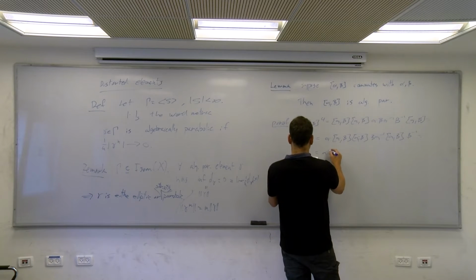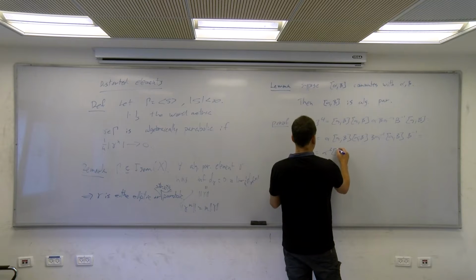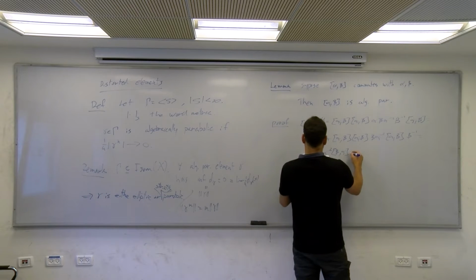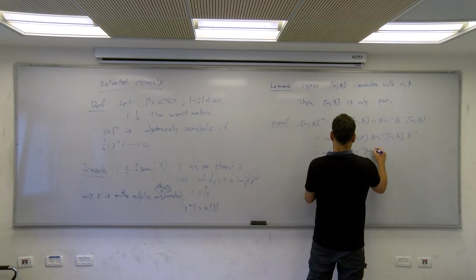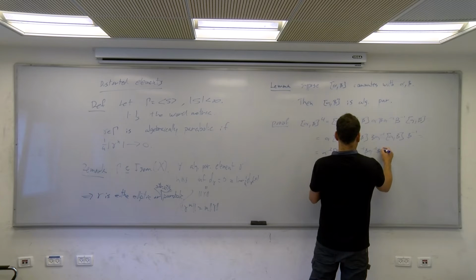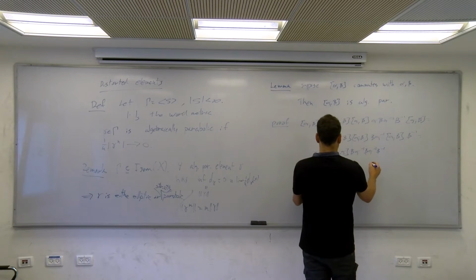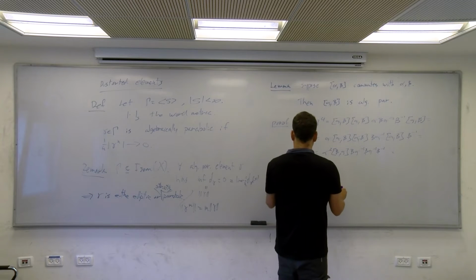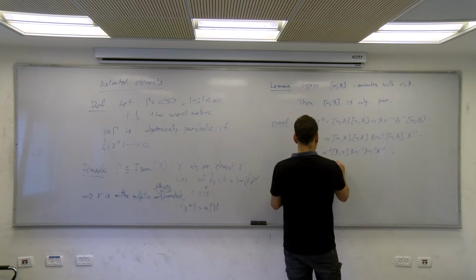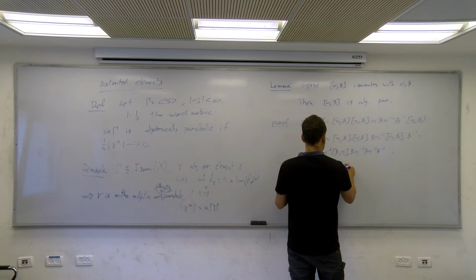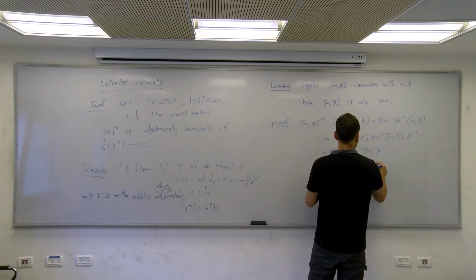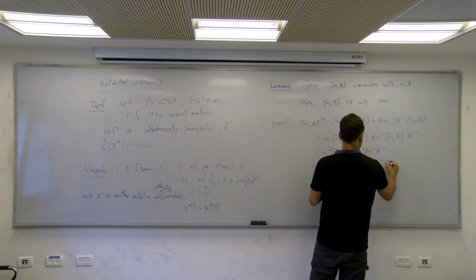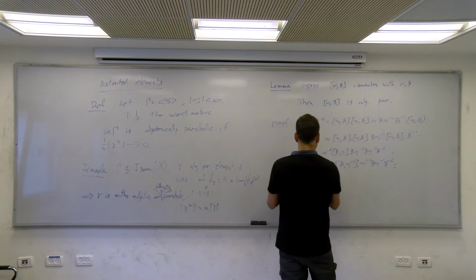This computation of the commutator: alpha squared beta alpha beta alpha inverse beta alpha inverse beta inverse, which is alpha squared beta beta alpha inverse beta alpha inverse beta to the minus 2, which is alpha squared beta squared.